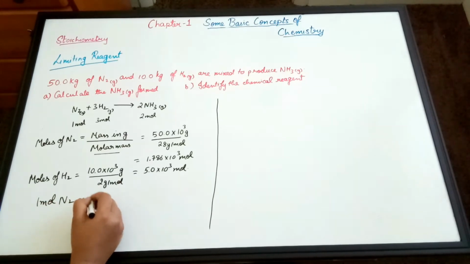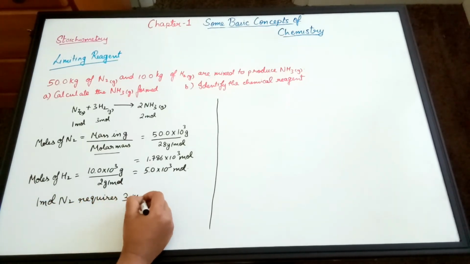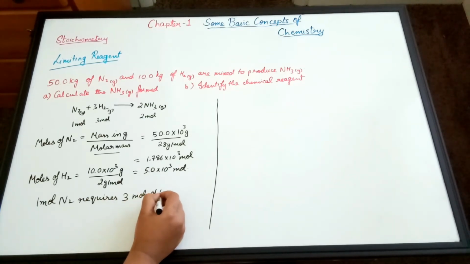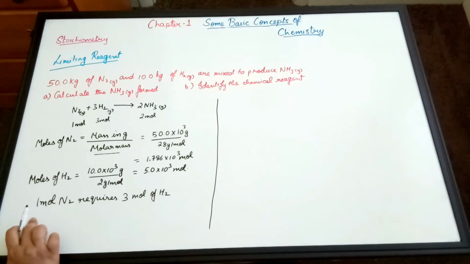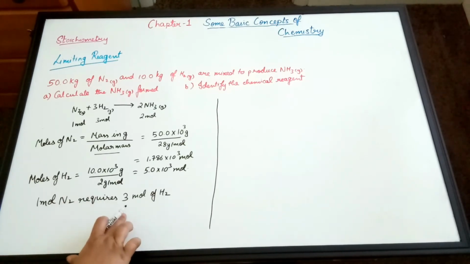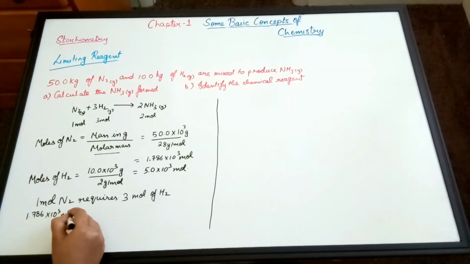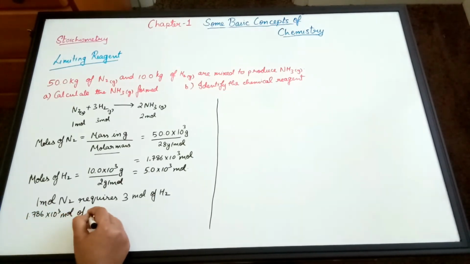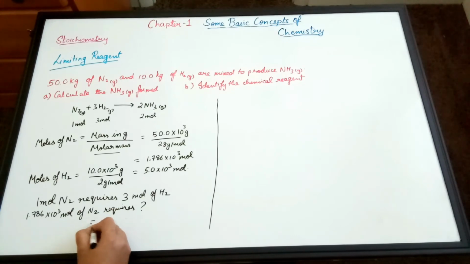Now 1 mole of nitrogen requires 3 moles of hydrogen, right? So if 1 mole of nitrogen requires 3 moles, then 1.786 into 10 to the power 3 moles of nitrogen requires how much? This is done again by cross multiplying.